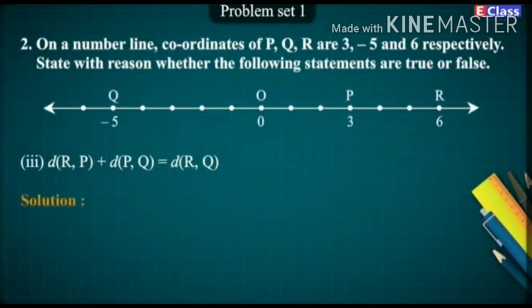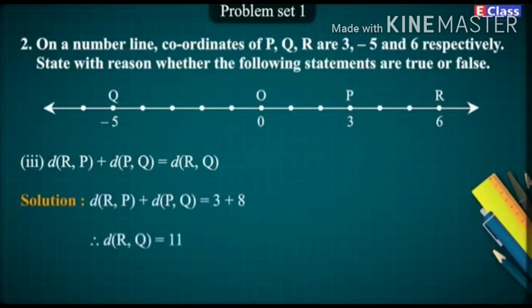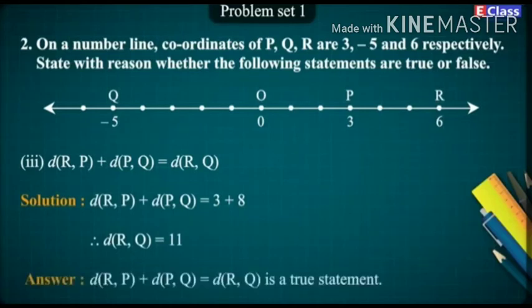Solution. RP + PQ = 3 + 8. Therefore, RQ = 11. Answer. RP + PQ = RQ is a true statement.